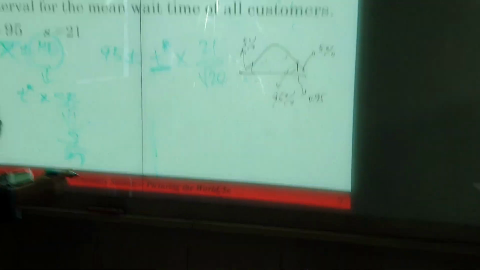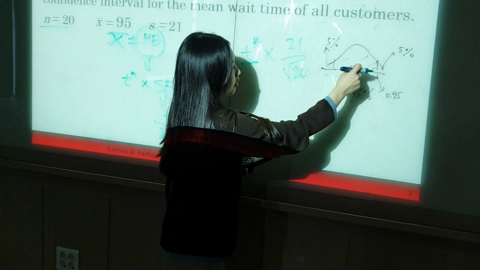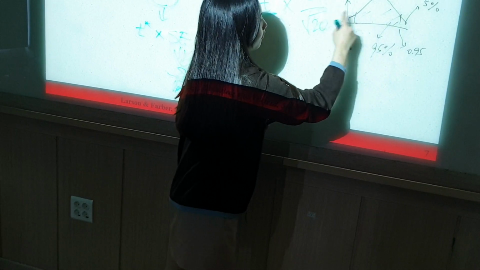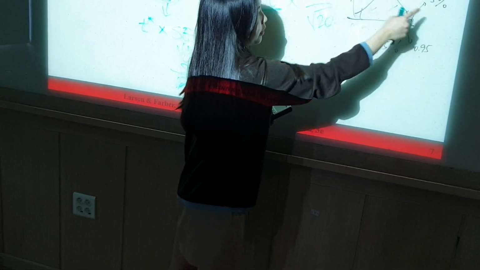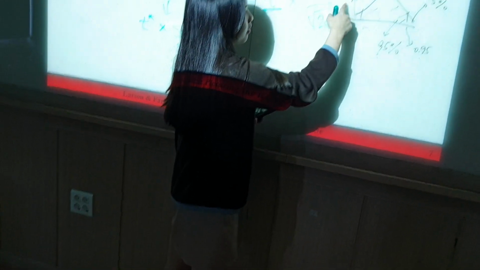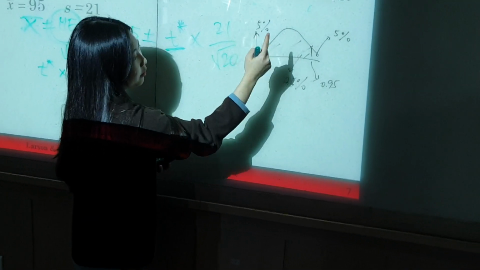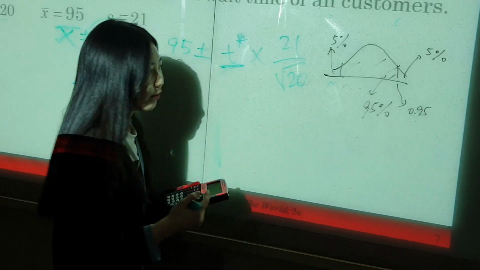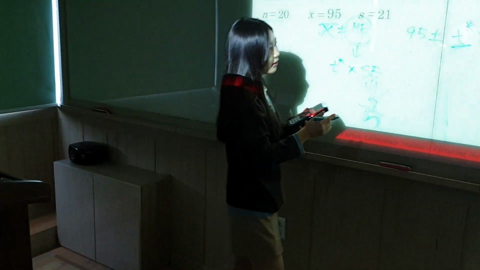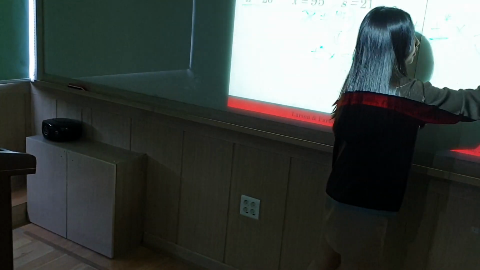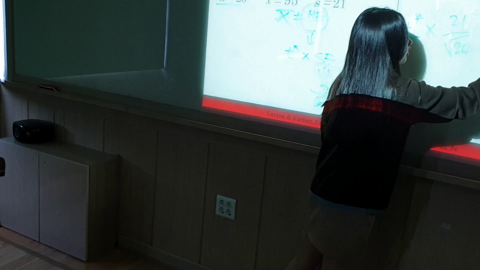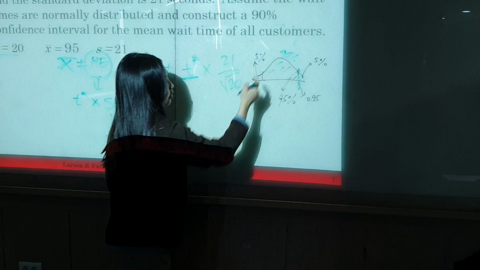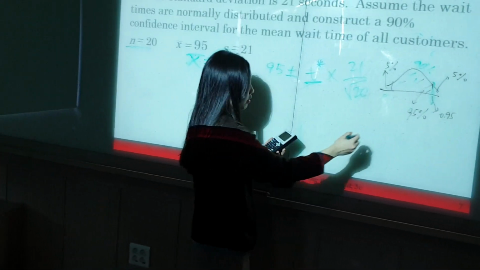So this middle area is 90%, and the left and right sides are each 5%. So here is 90%, and here is 5 plus 90, so 95% here.